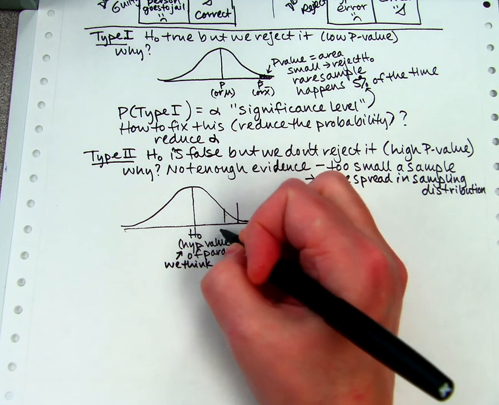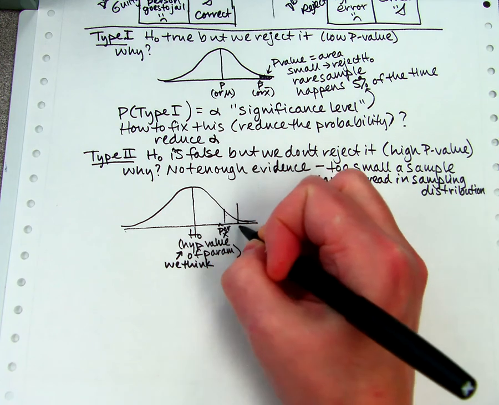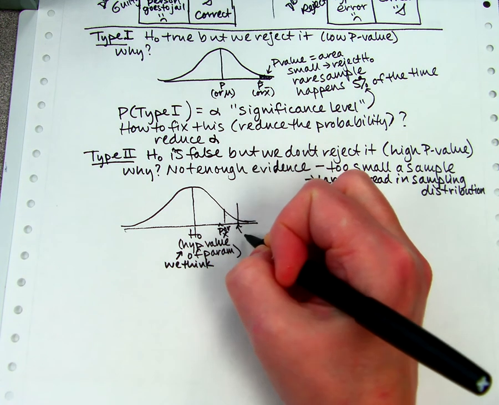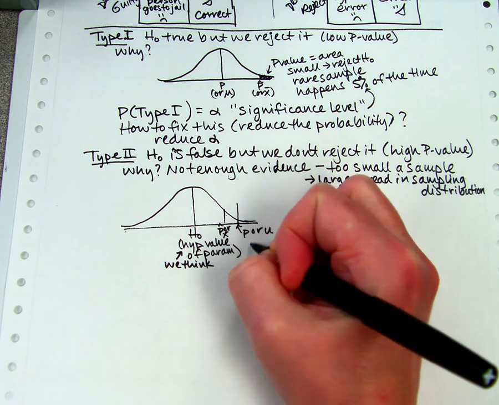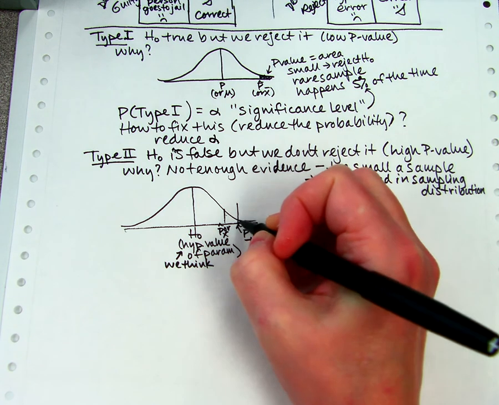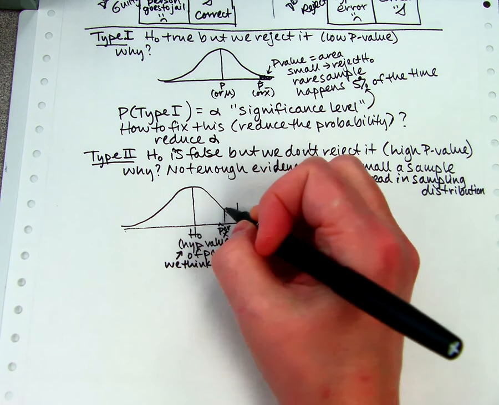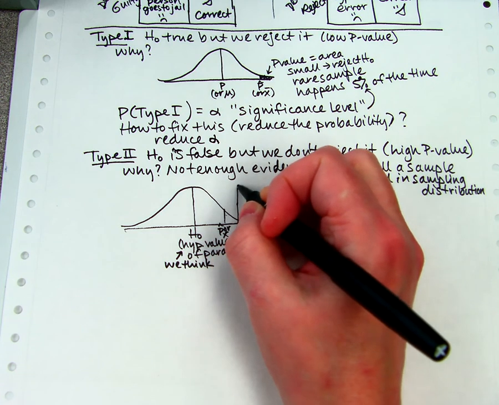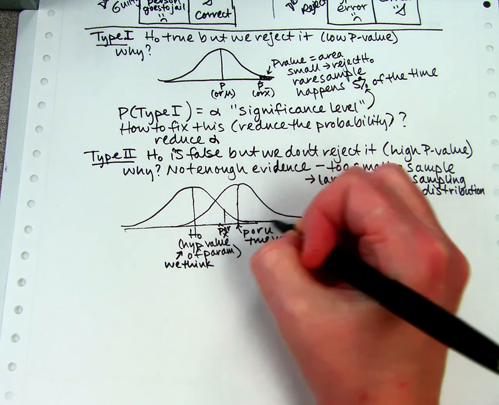So this is our statistic, p hat or x bar, and this might be the true value of P or mu. And if that true value is over here and the false value is over here, then we may get something in between that wouldn't cause us to reject. So I'm going to draw another normal curve centered around this value.